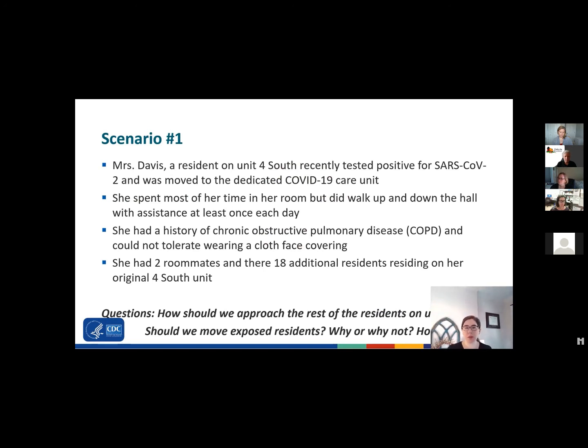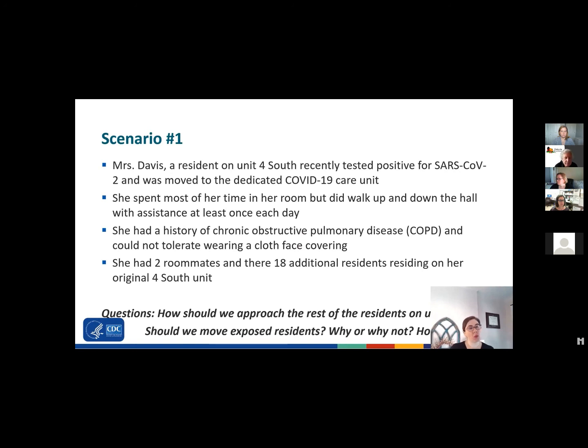She spent most of the time of her day in her room, but she did occasionally leave her room and walk up and down the hallway with assistance each day. She does have a history of chronic obstructive pulmonary disease, COPD, and really couldn't tolerate wearing a cloth face covering. Now, she does have 2 roommates, and there are a total of 18 residents residing on her 4 South unit.